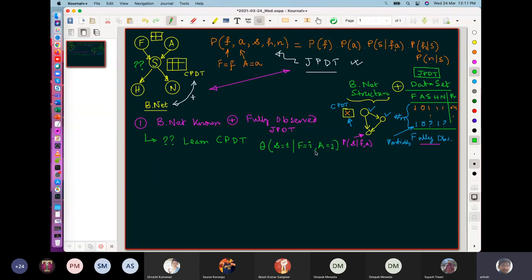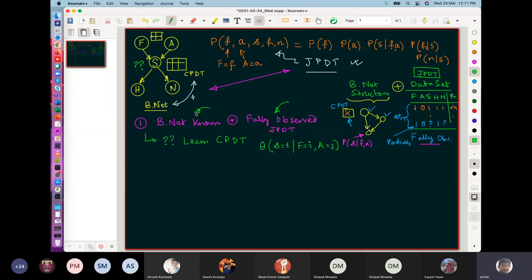For S equal to 1 for different values, I want to know this conditional probability distribution table, looking at the data that I have and the Bayesian net structure that I have. Okay, problem clear? What we are trying to address?